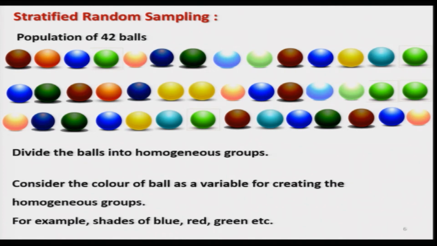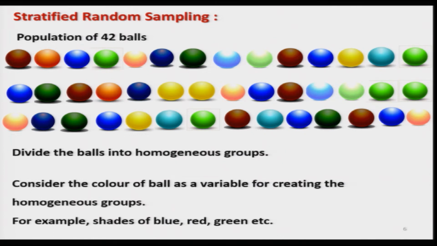So, in such a situation, instead of using simple random sampling, I use stratified random sampling, and I create groups of balls. Those groups have to be created in such a way that they are homogeneous within.